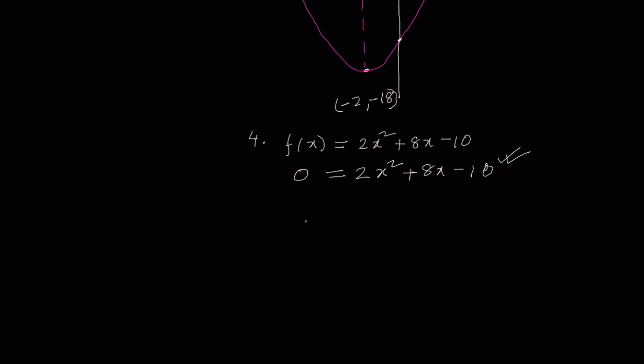So what's the formula itself? The formula is x equals minus b plus minus square root of b square minus 4ac, over 2a.